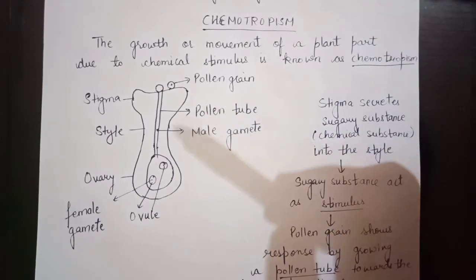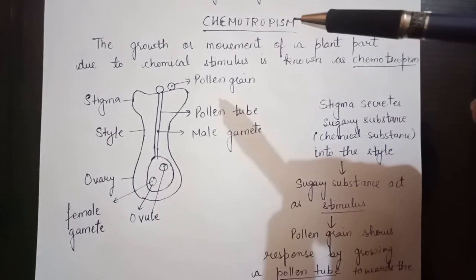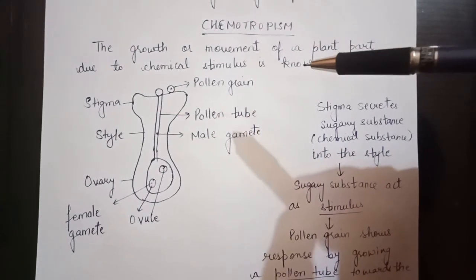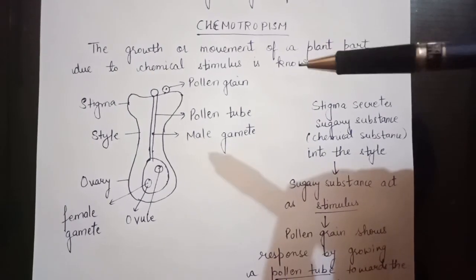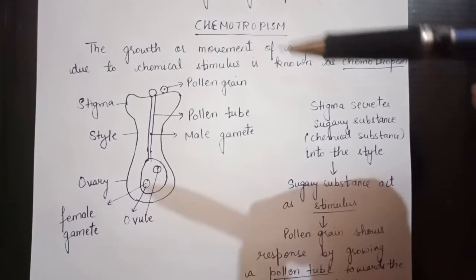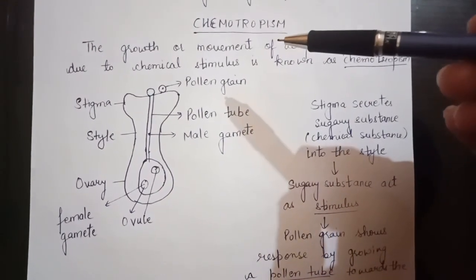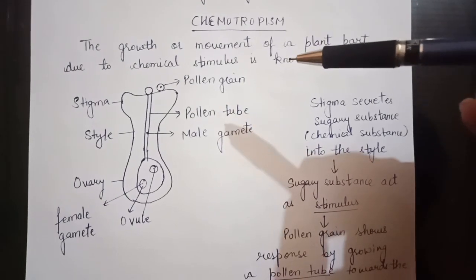Chemotropism: the stimulus here is a chemical substance, and tropism means the tropic movement, the growth or the movement of a plant part. It occurs towards the chemical stimulus, as the tropic movements are directional movements.